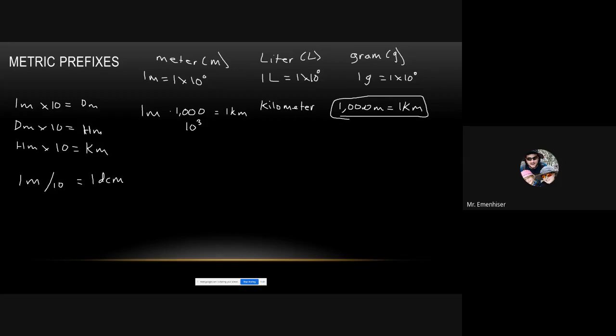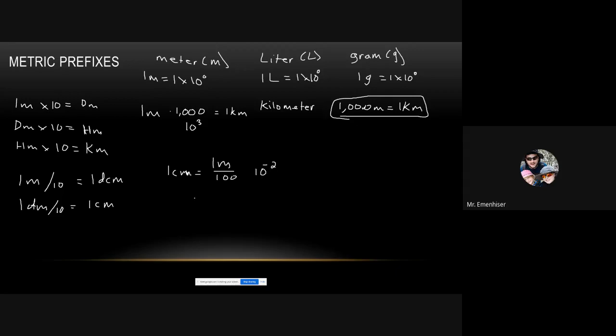Okay, which is not used that heavily. Let's take a decimeter, divide it by 10, and we get a centimeter. And obviously, you guys have heard of a centimeter, so we use this pretty heavily. So a centimeter is equal to 1 meter divided by 100, or 10 to the negative 2.